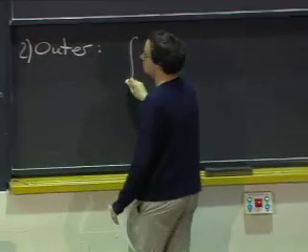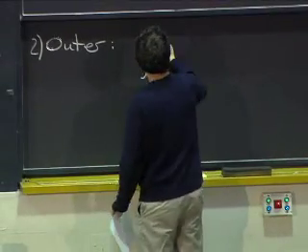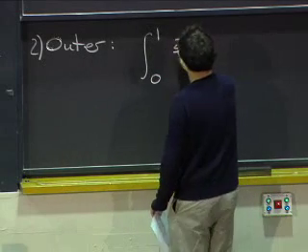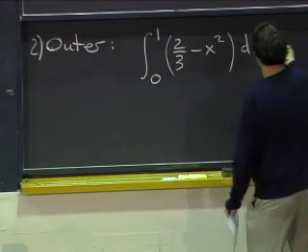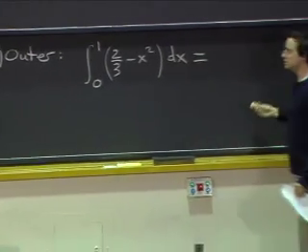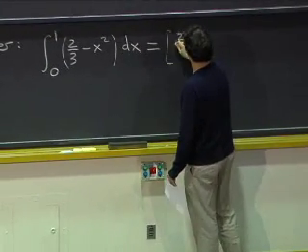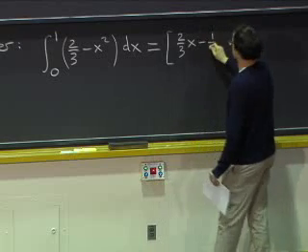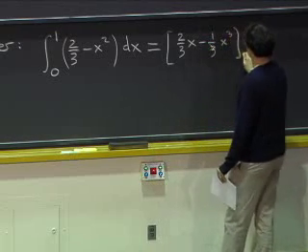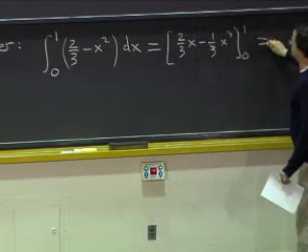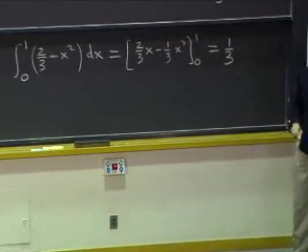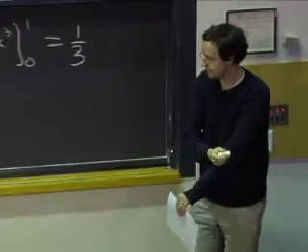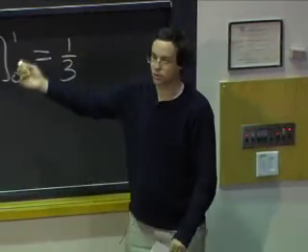We integrate from 0 to 1 what we got, which is 2/3 minus x squared dx. We know how to compute that because it integrates to 2/3 x minus 1/3 x cubed between 0 and 1. I'll let you do the computation; you will find it's 1/3. So that's the final answer.